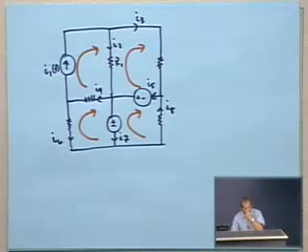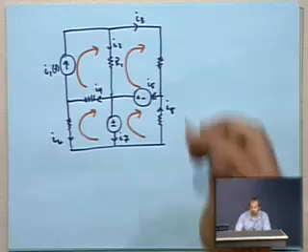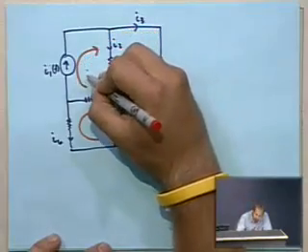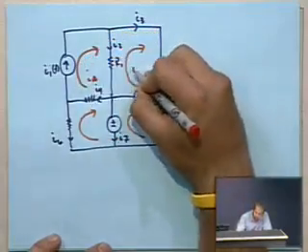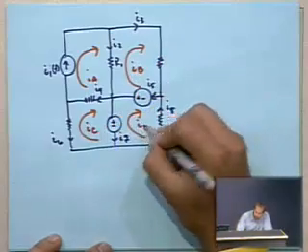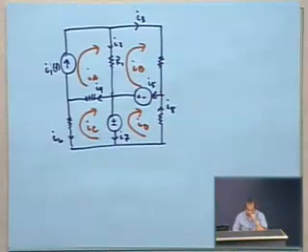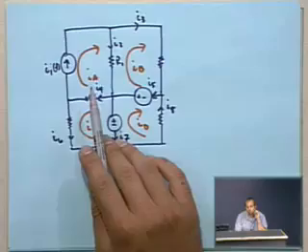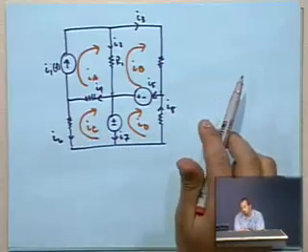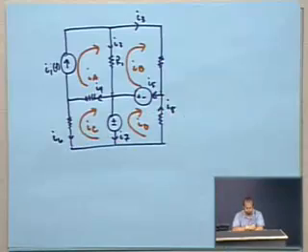So just looking at some of the easy and interesting ones. In this case, we're going to call these IA, IB, IC, and ID. What we want to be able to look at and see is what these circuit parameter values are in terms of the loop currents or mesh currents that we've introduced to this circuit.